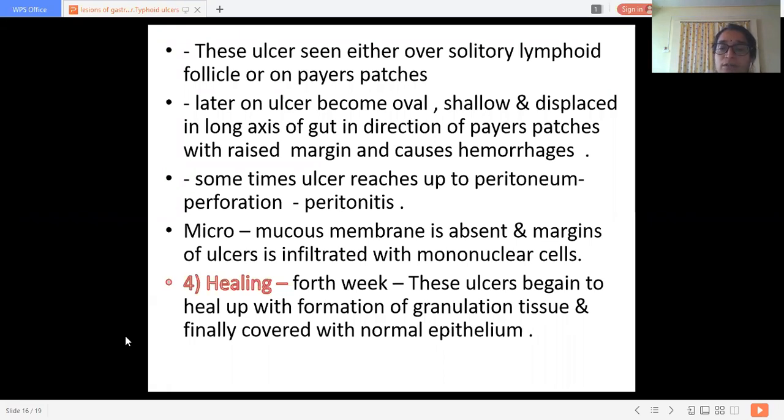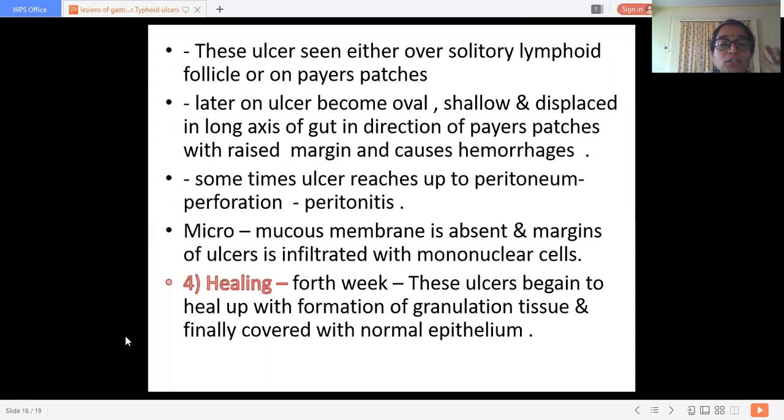Sometimes these ulcers reach up to the peritoneum, causing perforation, and lastly, peritonitis. So this is the fate of typhoid ulcers.